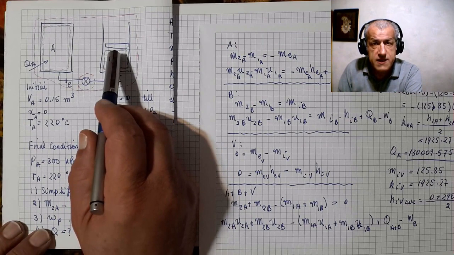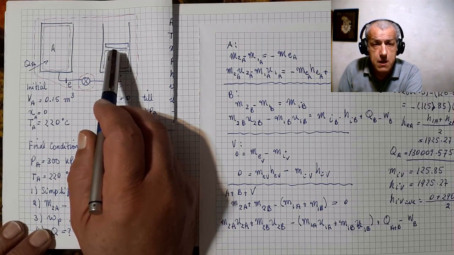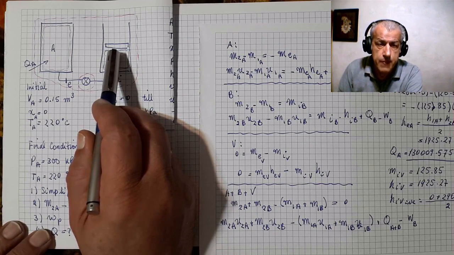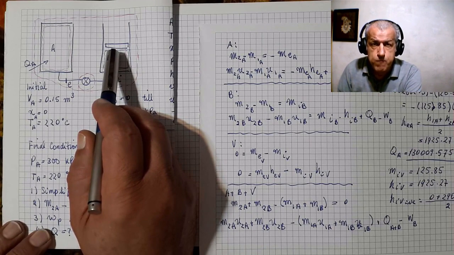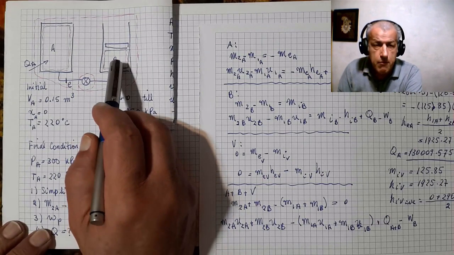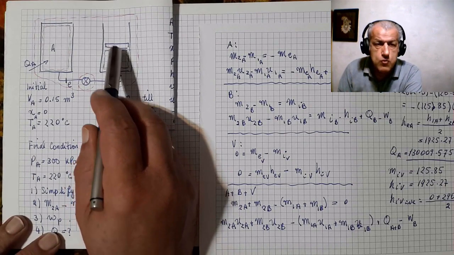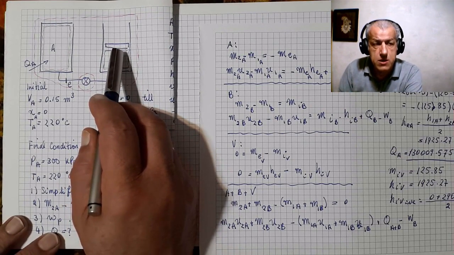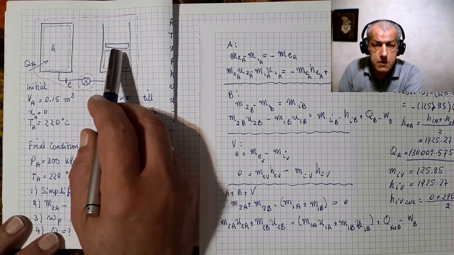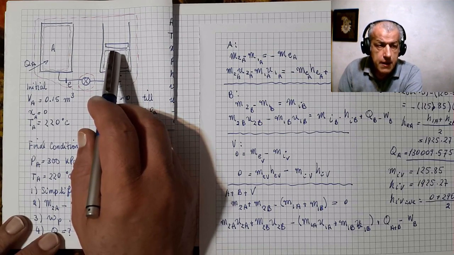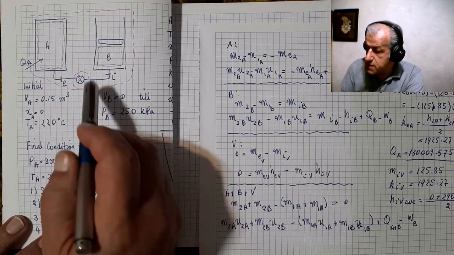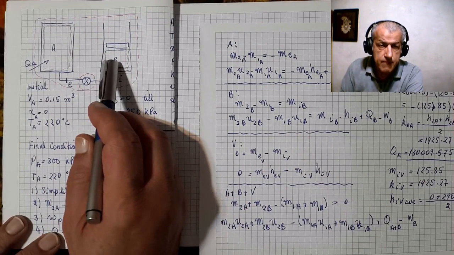This piston keeps the pressure in B constant. It's a very important mechanism. Whatever happens in B, the piston would move to keep its pressure at 250 kilopascals. So the pressure doesn't change.